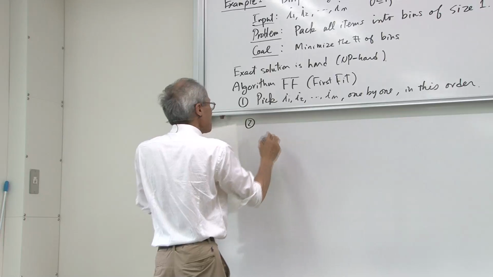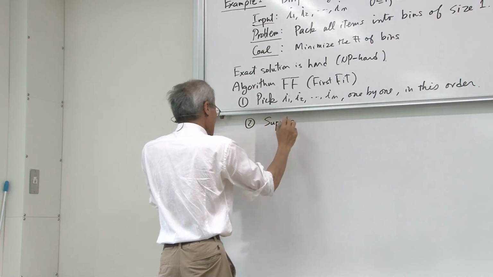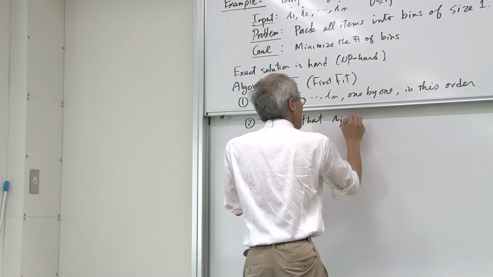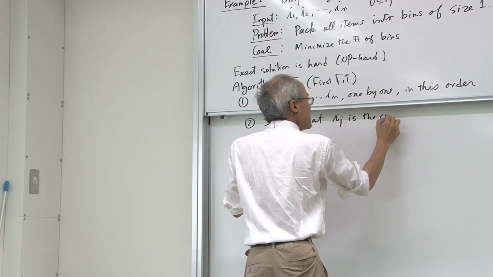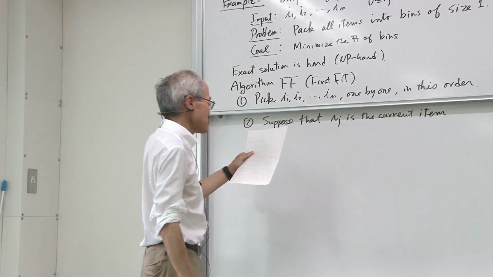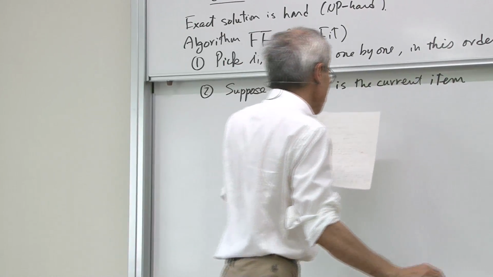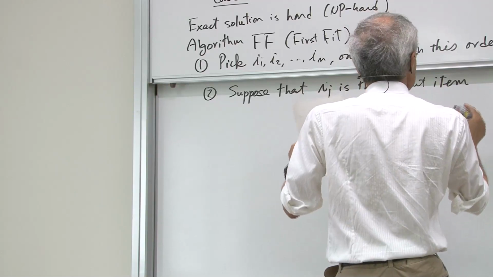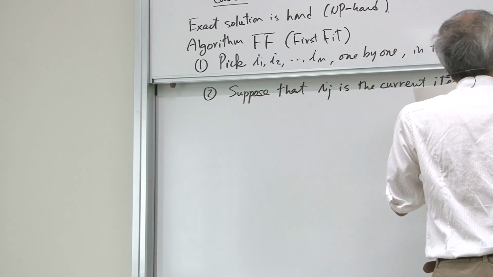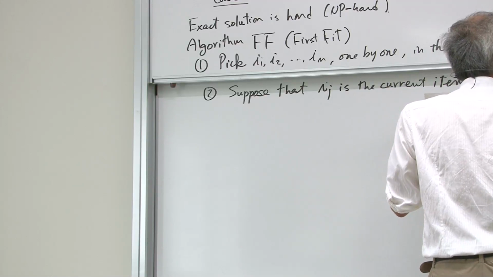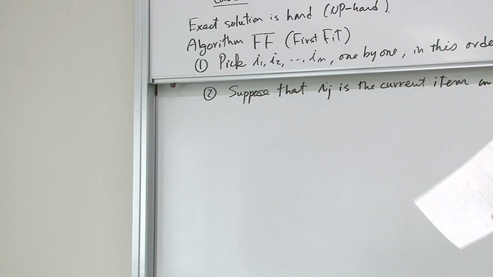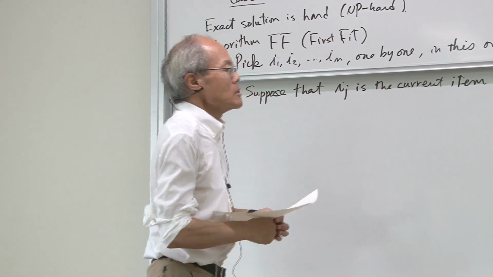Step 2. Now we are looking at IJ. And also suppose that we have k bins.